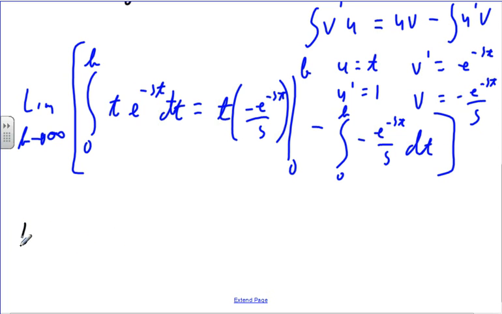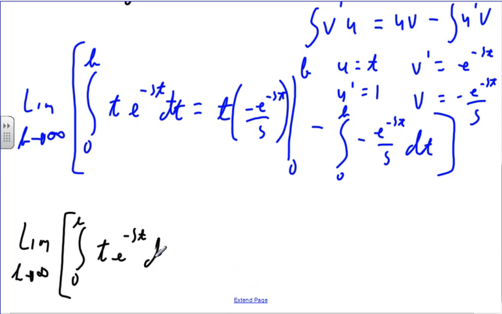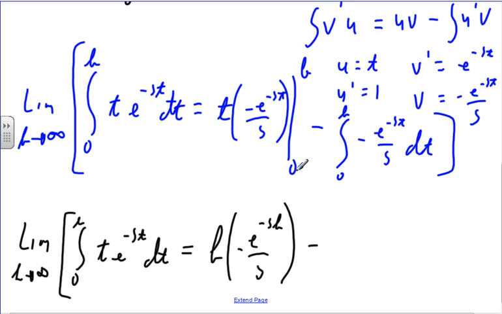All right, so I've got the limit as b goes to infinity, and I've got the guy that I want. I put a b in there, so I got a b times minus e to the minus sb divided by s, minus, I put the 0 in, 0. Okay, so I've got that.